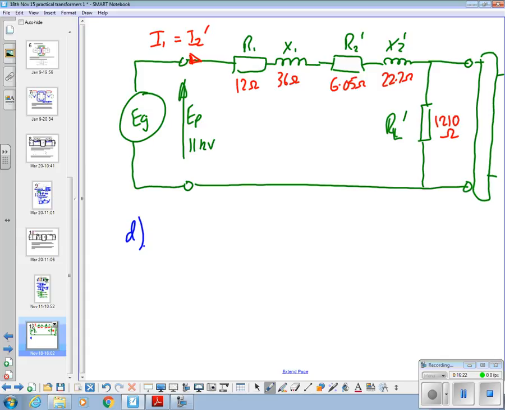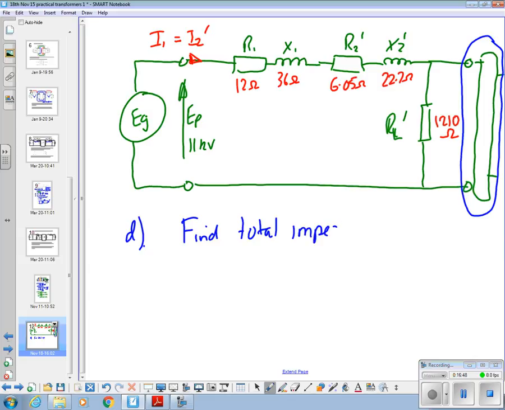So we're assuming now we're going to apply 11,000 volts to there. How can we calculate the current flowing through that? Remember, this bit isn't doing anything anymore, we can ignore that. So we've got a series circuit, we've got to find the total impedance ZT. What's special about that total impedance?